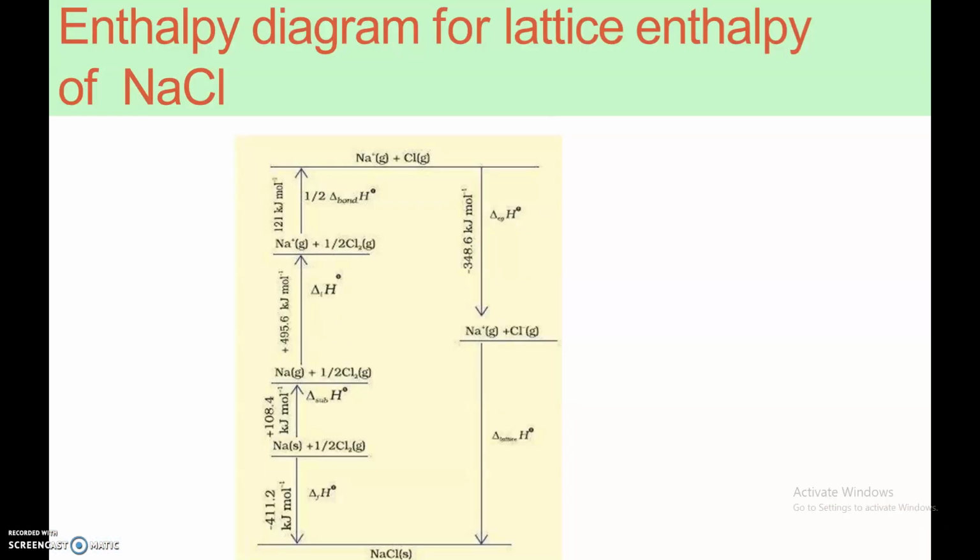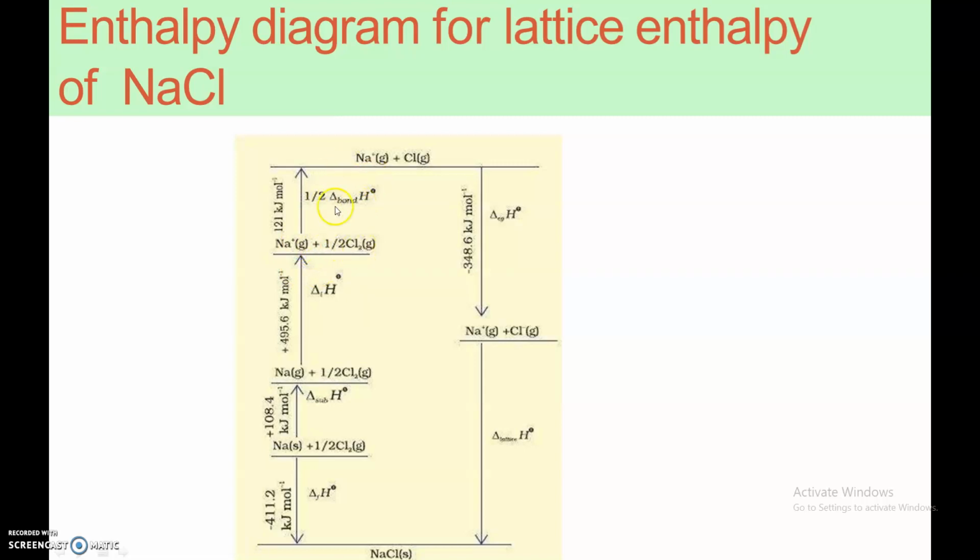You can see here the enthalpy diagram for lattice enthalpy of NaCl. NaCl dissolves to give Na plus and Cl minus, or Na plus is combined with Cl minus to give NaCl. So it will undergo several steps in order to give this compound. First, it will convert into Na plus and half Cl2.